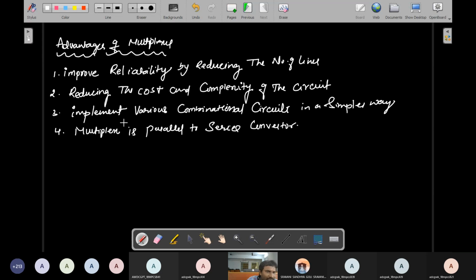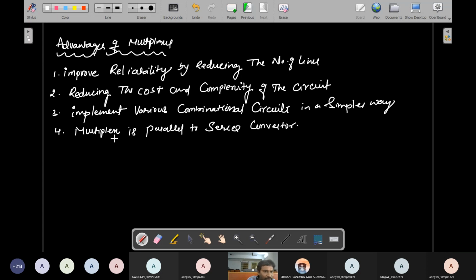Now the third point is implement various combinational circuits in a simple way. You can use this multiplexer to operate any type of combinational circuits, because you can convert any type of combinational circuit by using this multiplexer. And the fourth point is multiplexer is a parallel to series converter.